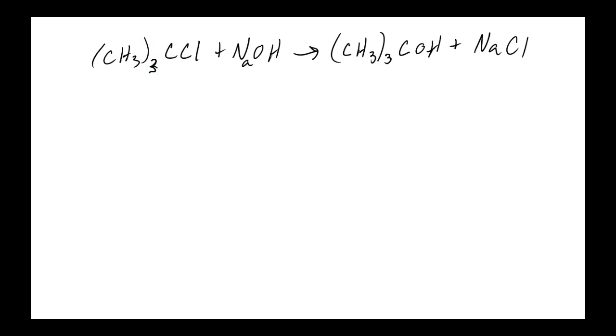What is the other chemical after butyl chloride? The other chemical is COH, that's alcohol. OH is an alcohol. What about the other chemical after that? That's sodium hydroxide. Yes, I forgot to put my A in place. Sodium hydroxide.